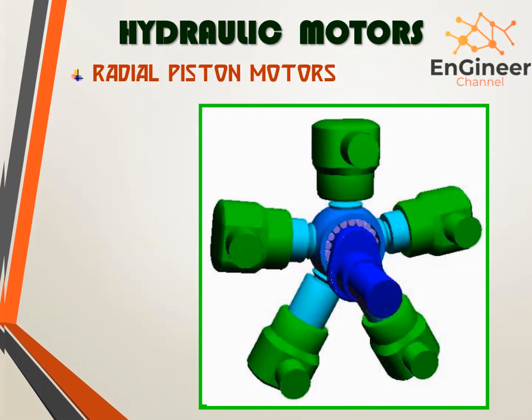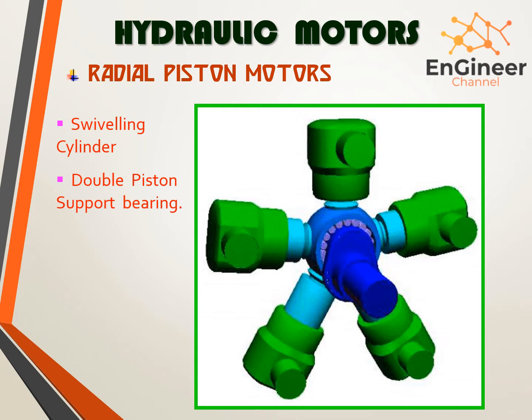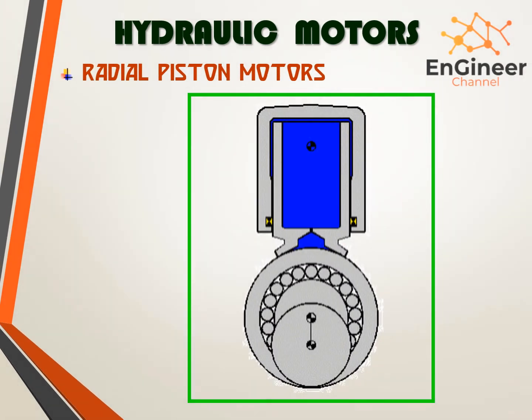This is another picture showing radial piston motors. They have swiveling cylinder and double piston support bearing. This is also a radial piston motor, another picture. This is another picture of a radial piston motor.